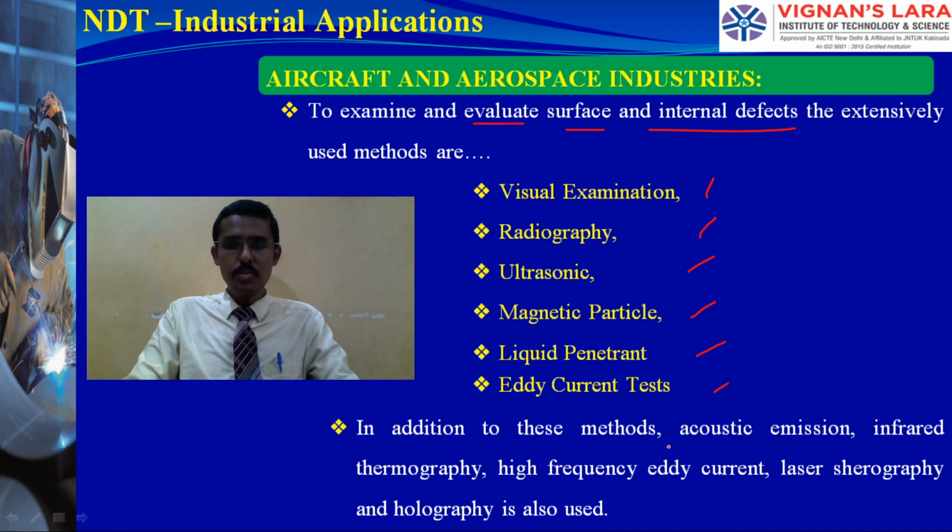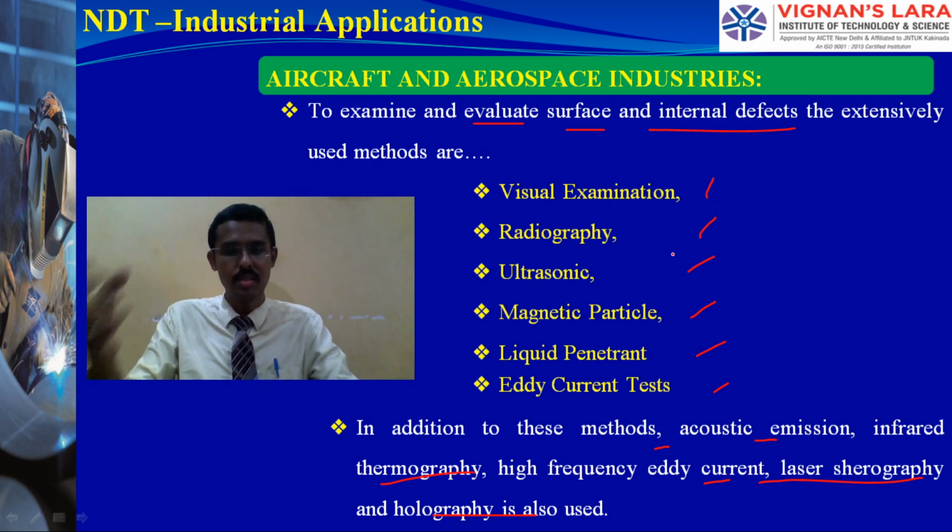In addition to these methods, acoustic emission may also be used. Infrared thermography is also widely used. High frequency eddy current, laser sonography, and holography are also used. So these are the main important NDT techniques, the top 8 methods. Other than that, other methods are also used.